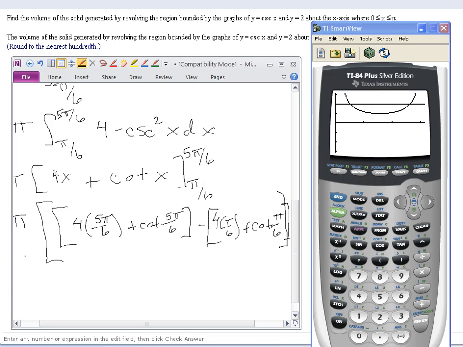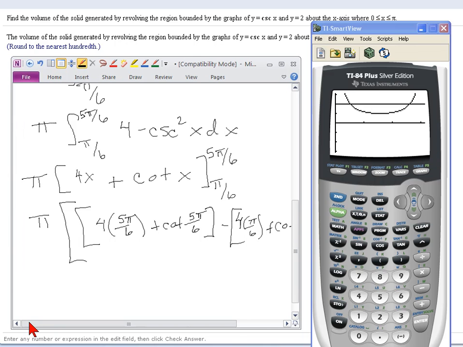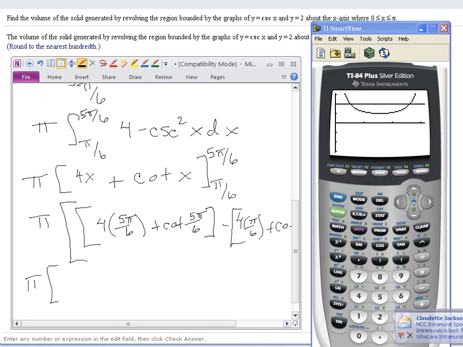Okay, all right, and so then coming back over here, this is going to be pi. Let's see how this cleans up. 4 and 6, 2 goes into both of these, and so this is going to be 10 pi over 3 plus the cotangent of 5 pi over 6.